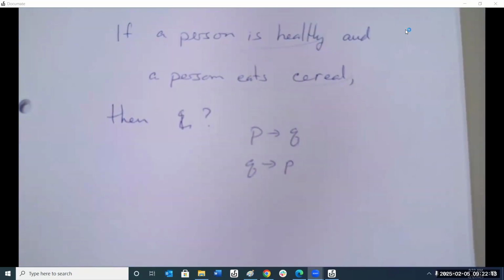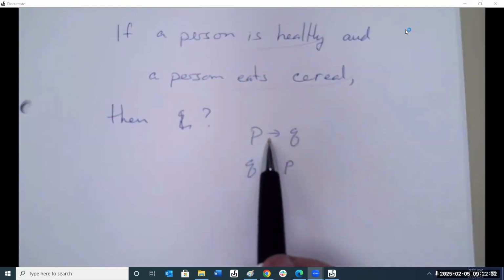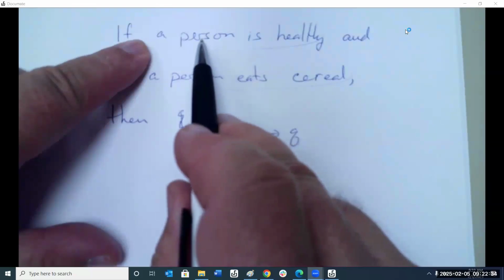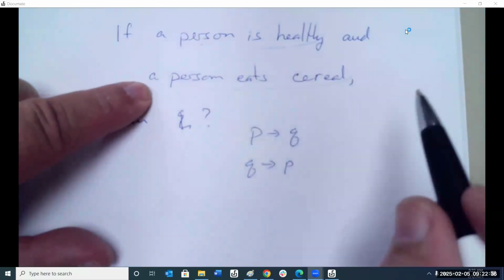Some of the greatest athletes in the world, the marathon runners, come from Africa. They don't have cereal. So they're some of the most healthy people in the world. They could run forever and not have a high blood pressure or heart rate. So, are there people who are healthy that don't eat cereal? Yes.